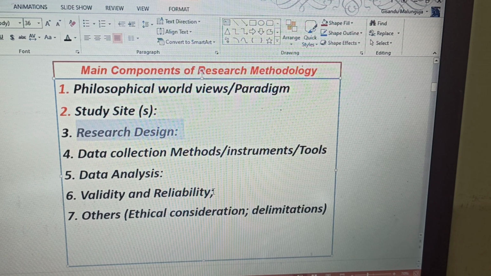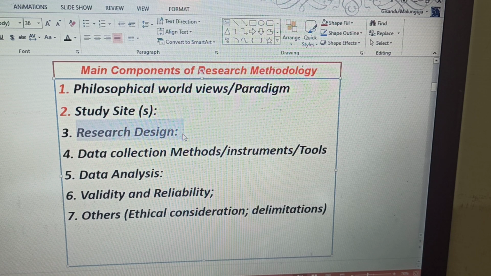How do you think your data, or the information that you are going to deliver, will be valid, and to what extent shall it be reliable? Are the methods that you have selected for data collection reliable and valid?